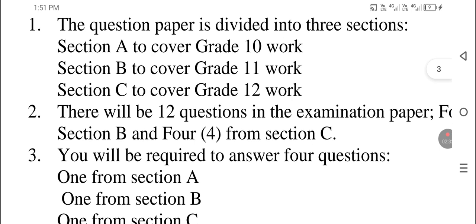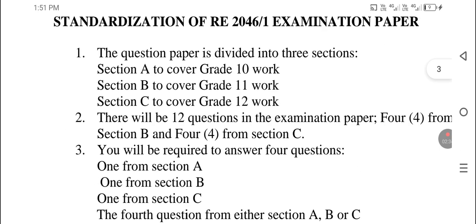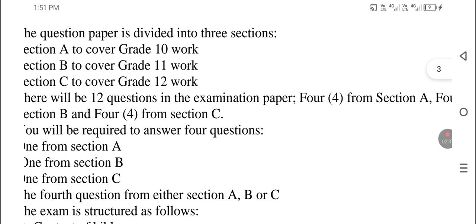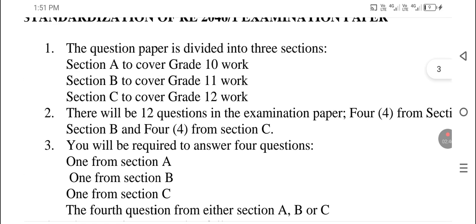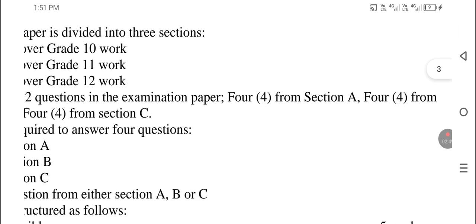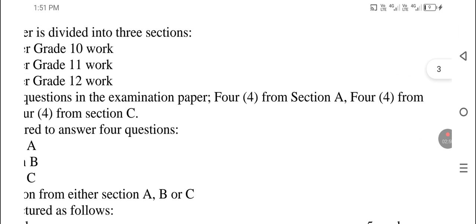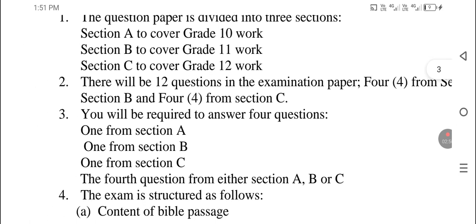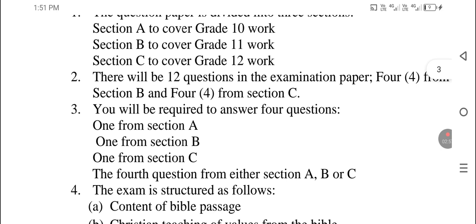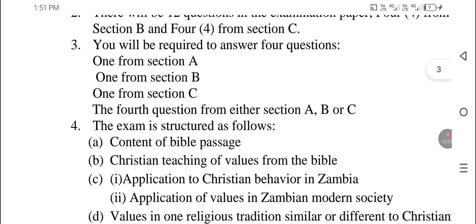There will be 12 questions in the examination paper, 4 from section A, 4 from section B, and 4 from section C. You will be required to answer only 4 questions from the 12.